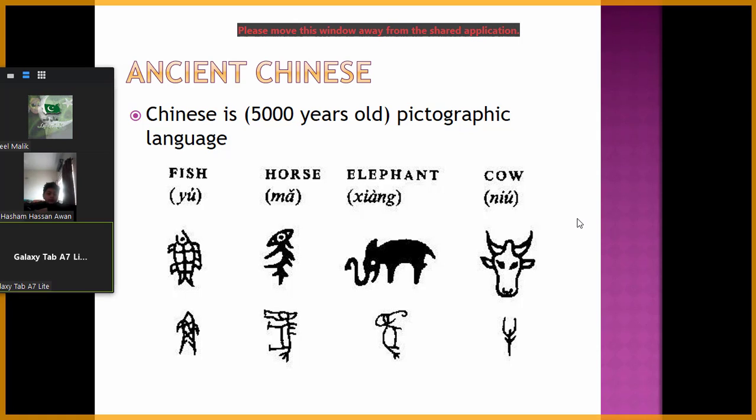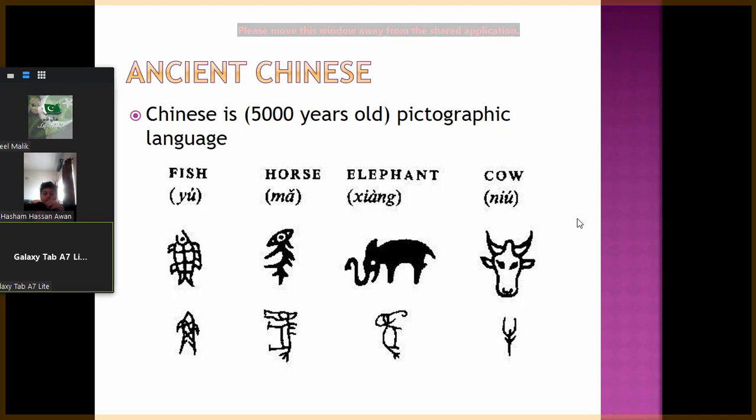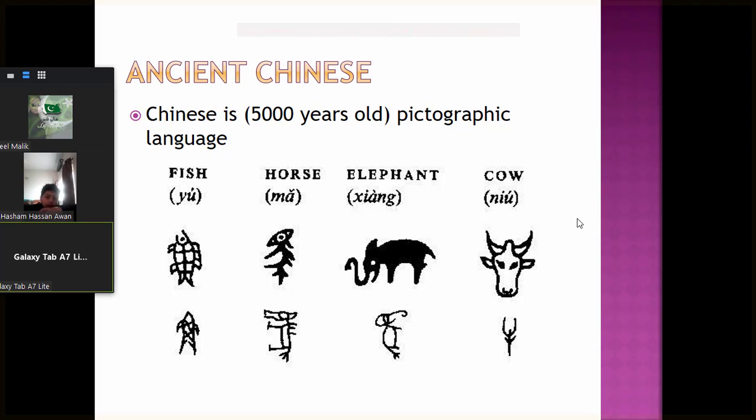Why simplified? Obviously, if there are complex things, like for example, if you want to write elephant and you sit and start drawing the elephant, it's very hard to do that. Even this on the screen, you can see it is not so much simplified, but it was very simplified, right?